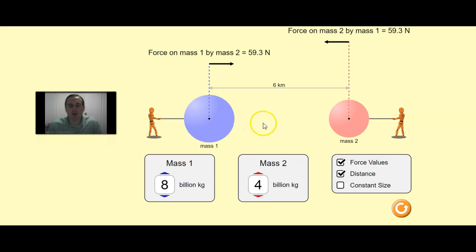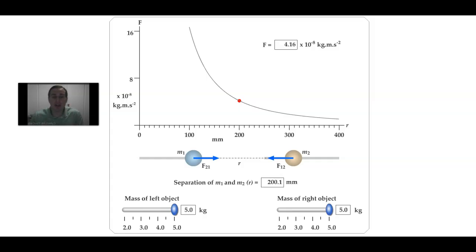Let's see if I can show one more example that, again, shows this along with the graph of what we were saying before. So now what I have shown here is real, more Earth-sized masses that are separated by a small distance, and a more realistic gravity force between objects that you might pick up in your hands here on Earth.